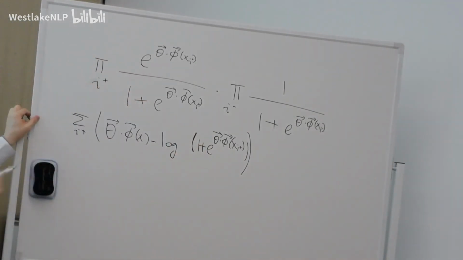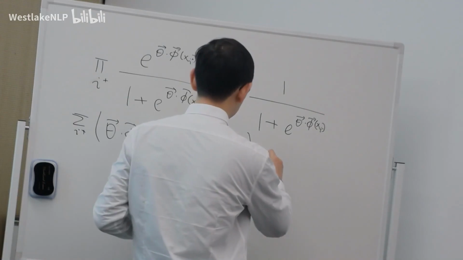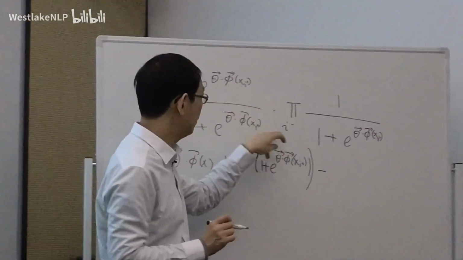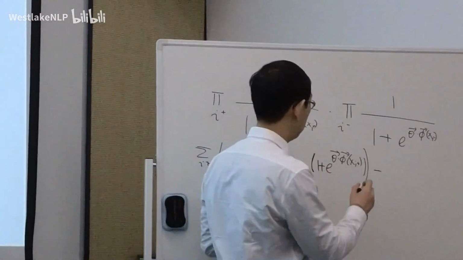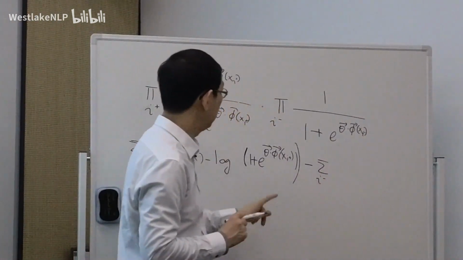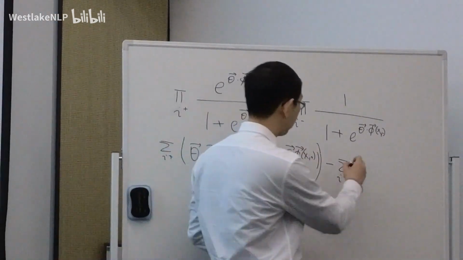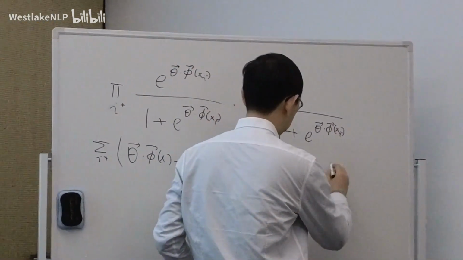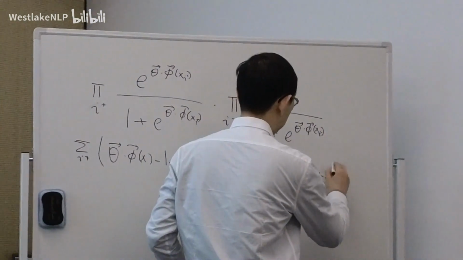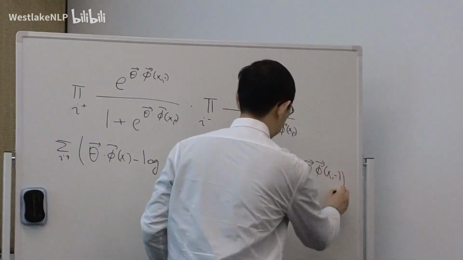Yeah, so this is the first half, right? If I did it incorrectly, you can correct me. If we turn this into log, then it's the sum over i minus, and this becomes 0, and this becomes log(1 + e^(theta · phi(xi))) for the negative instances.